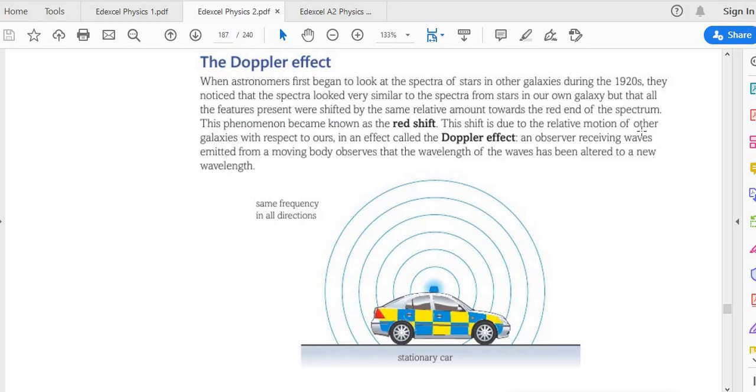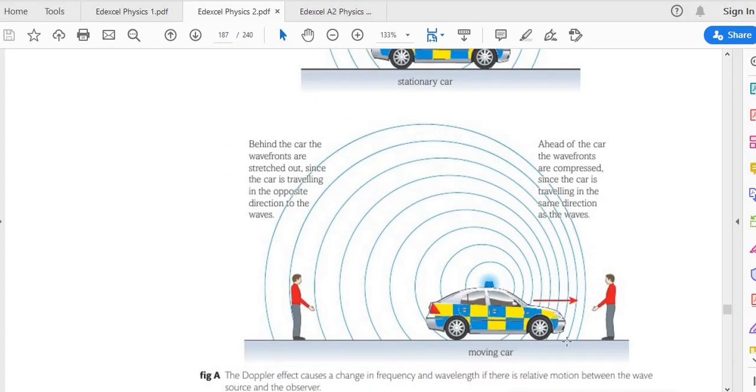So if things are moving away from us, for example, you can see this car here is moving away from this observer and moving towards this observer here. It emits sound with a constant frequency. But even though it is emitting waves with a constant frequency, the observed frequency will be different, because the car is moving.